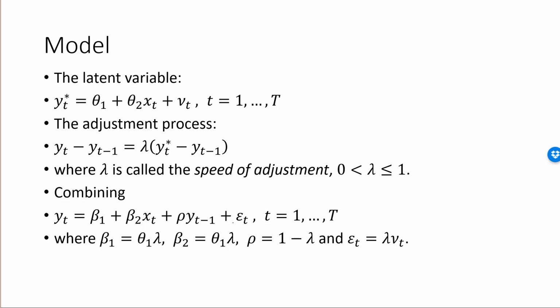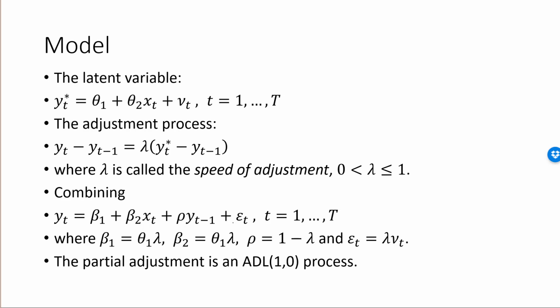And that means that the partial adjustment model is really an ADL 1,0 process, and under reasonable assumptions can be estimated using OLS. Now this is a simplified version of the model. I've only included one explanatory variable in the latent variable model, but it's pretty straightforward to have more than one explanatory variable. The final model that we need to estimate will still turn out to be an ADL 1,0.